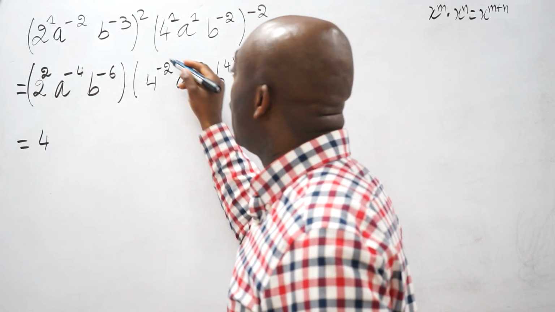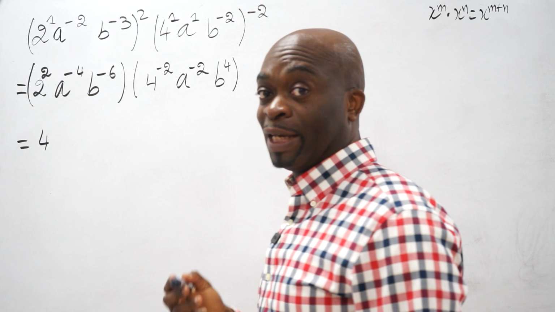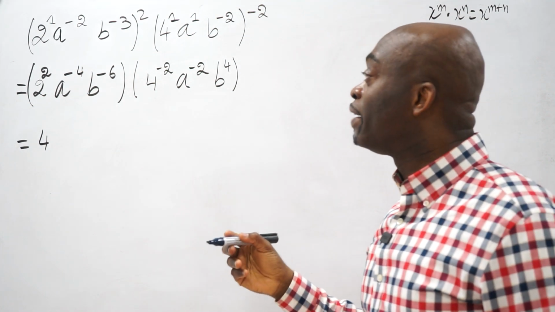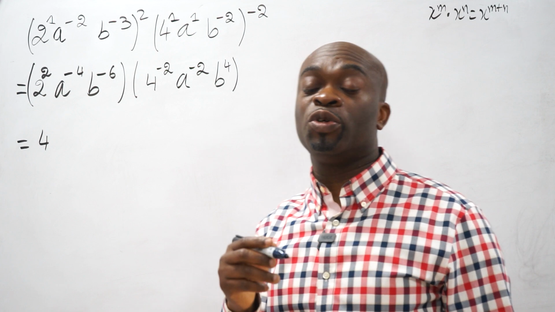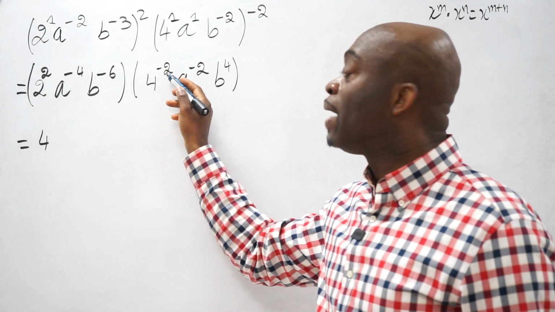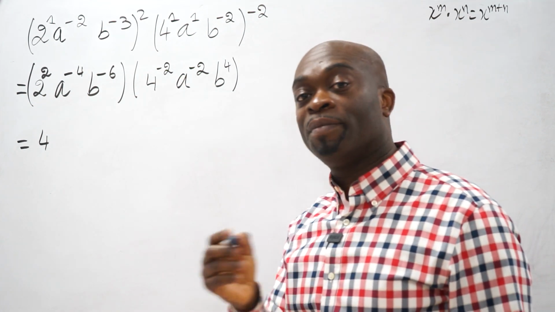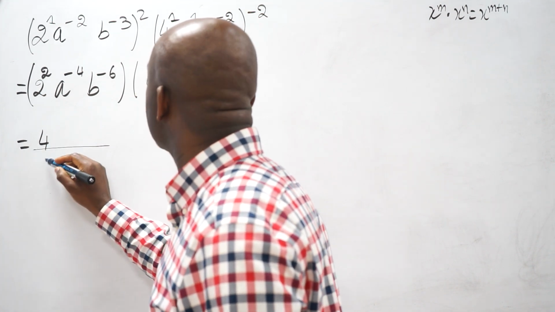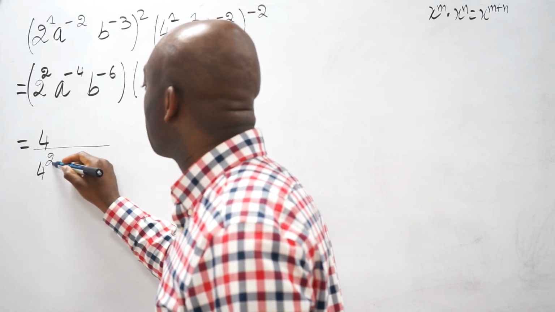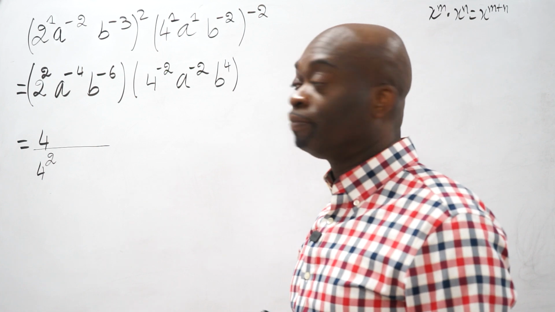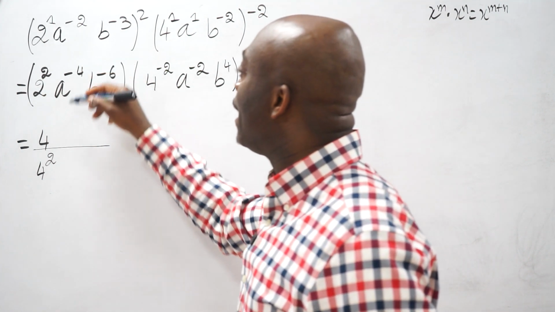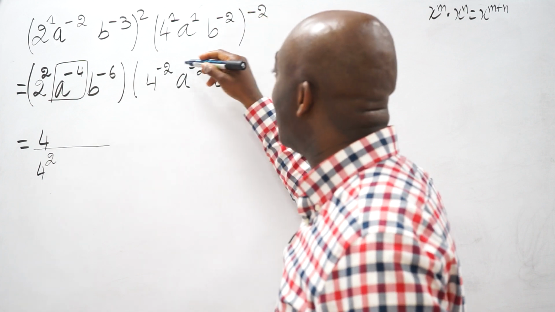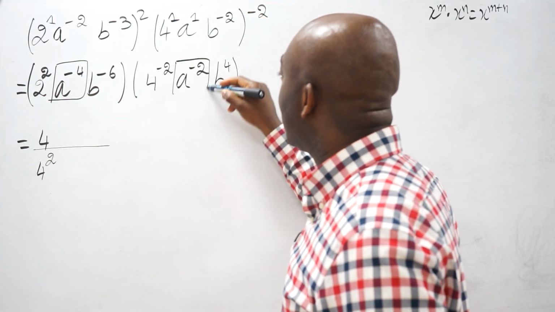All right? Now, this number also, we got to work it out. But that's 4 power negative 2. Okay? So 4 power negative 2, before we can do anything, the best thing to do is to change it to be a positive power. How do we do that? By moving it down. So we move it down, so that becomes 4 power positive 2. Okay? Now how about a negative 4, and then a negative 2.